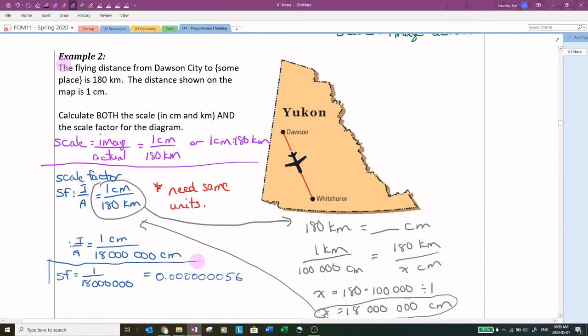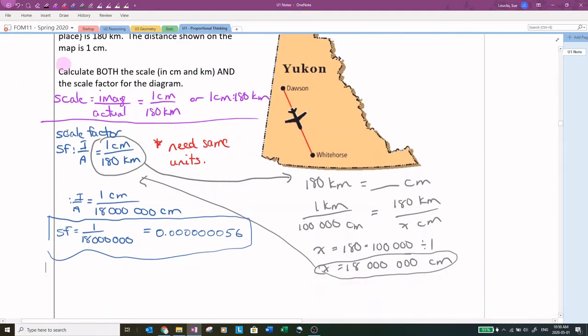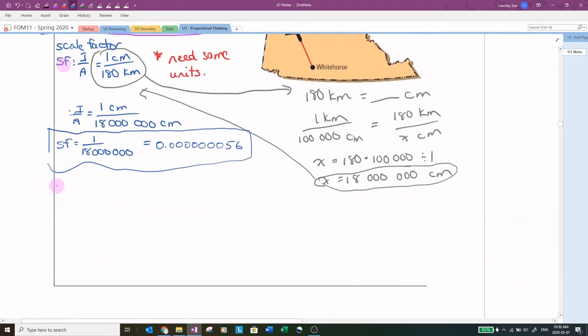Okay. Now, the thing with scale factor is that the units don't matter. With scale factor, units don't matter.